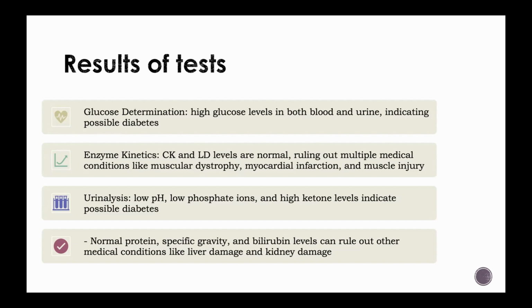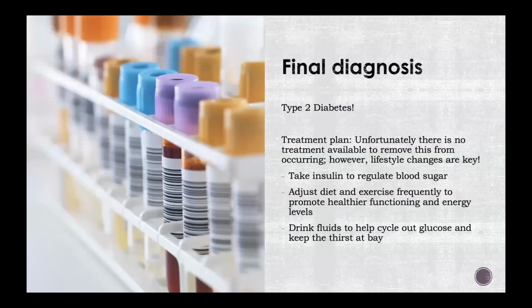The urine analysis we did shows low pH, low phosphate ions, and high ketone levels, which are all congruent with a diagnosis of diabetes. However, the urine analysis also showed that there's normal protein, normal specific gravity, and normal bilirubin levels. While this does not support diabetes, it also rules out other medical conditions like liver damage and kidney damage.